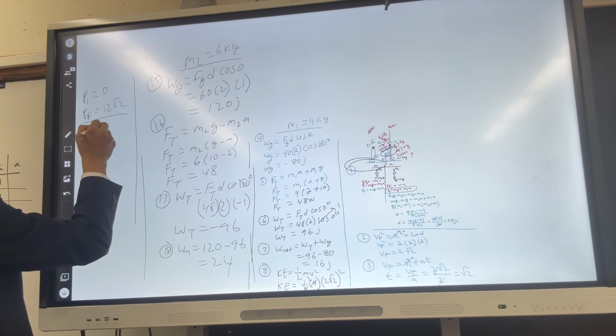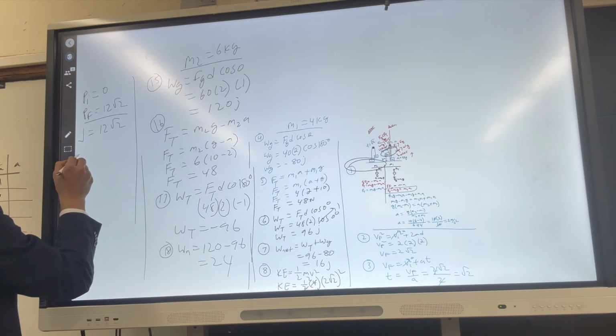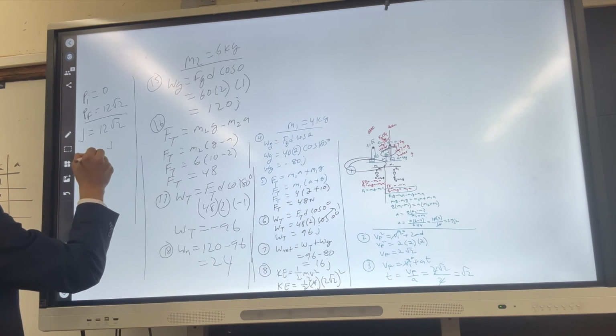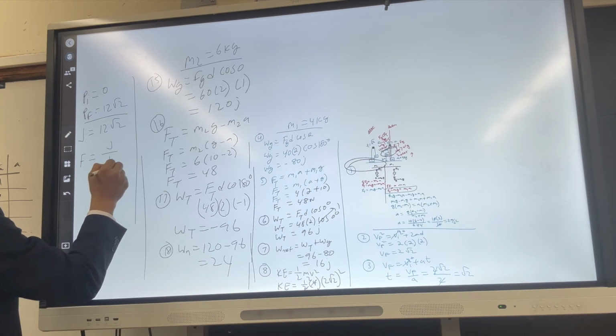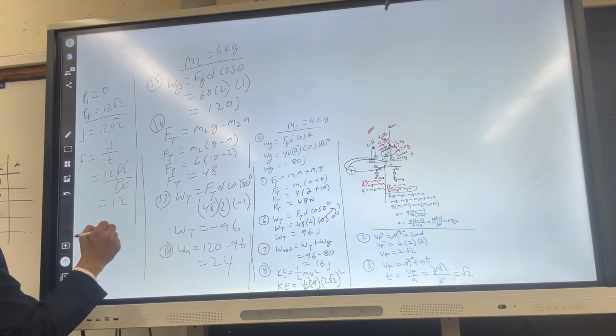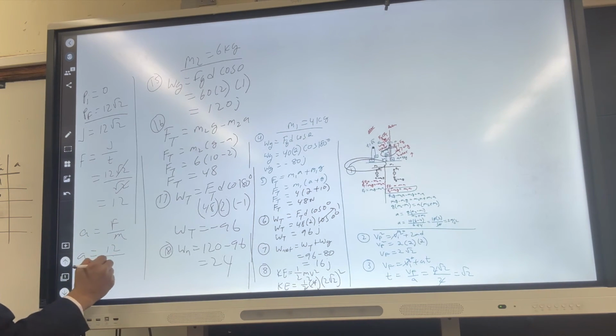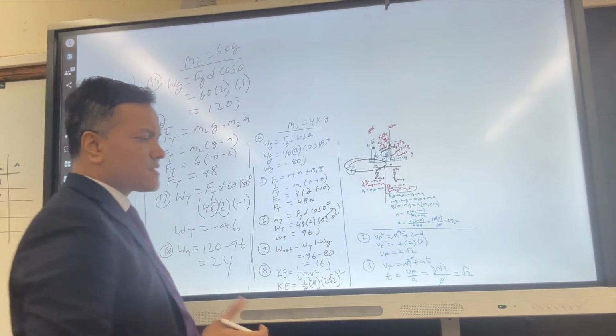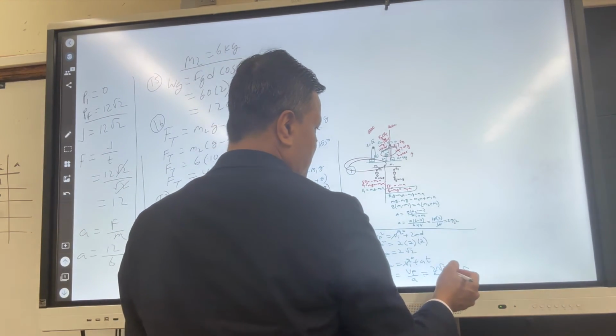Impulse is 12 root 2. Then force is impulse over time, so 12 root 2 over 2. So force is 12. Acceleration is force over mass, so acceleration is 12 divided by 6, so 2. That confirms that acceleration is 2.